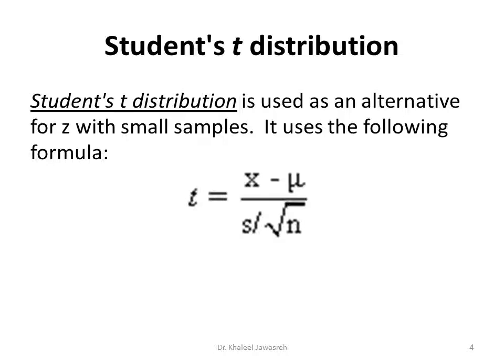It is the same as Z, but here we replace sigma with S. So t equals x minus mu over S, the standard deviation of the selected sample, which should be more than or equal to 30 samples, over the square root of the number of samples.